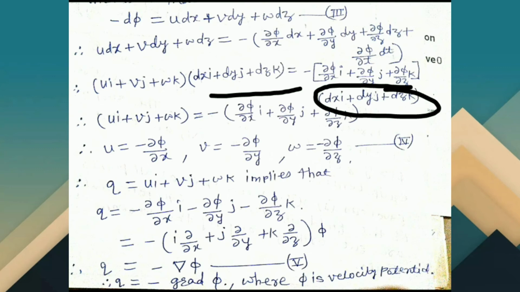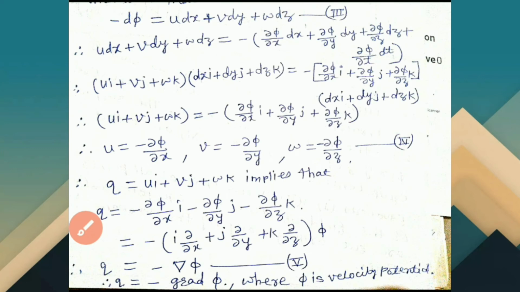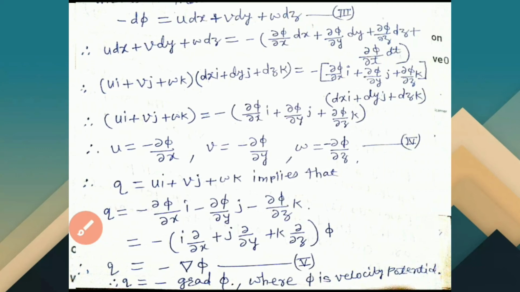So after calculating these terms, what do we get? We get ui plus vj plus wk is equal to minus dou phi by dou x i plus dou phi by dou y j plus dou phi by dou z k. This one.